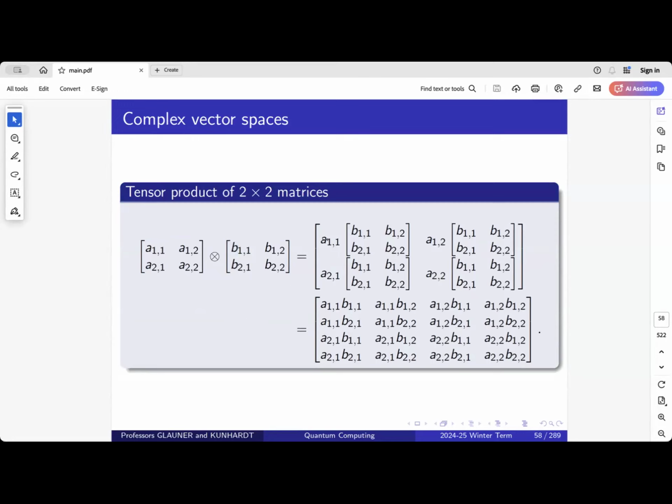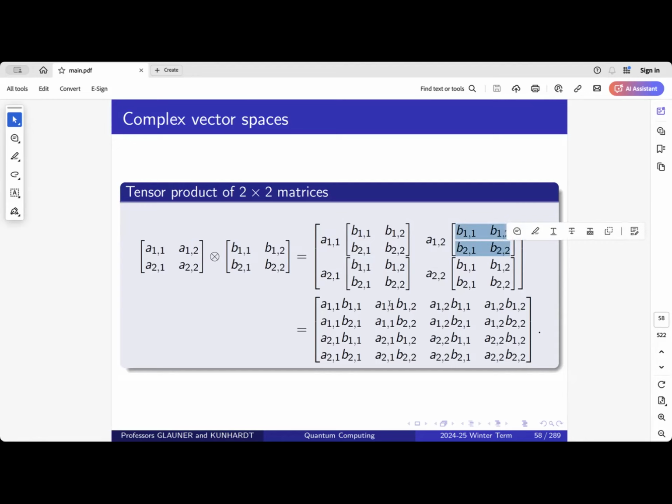In the first four entries of this 2 by 2, we put matrix B, and we multiply each entry with the first entry of A. Then for the next column, we take A12, and we multiply it with each element in B, and we do the same for the next row.